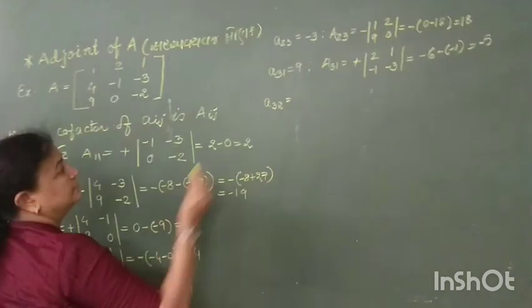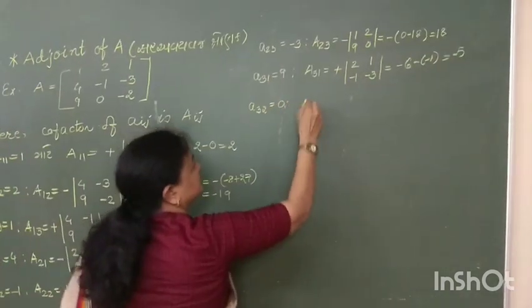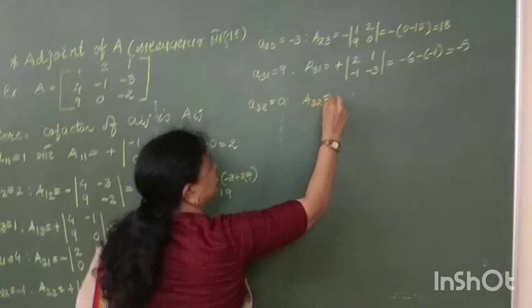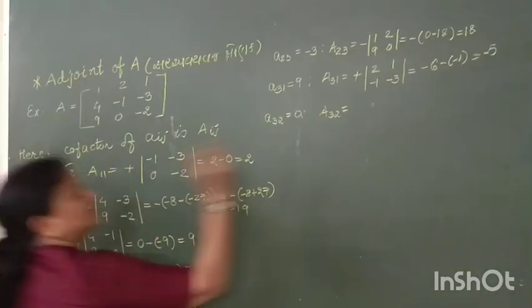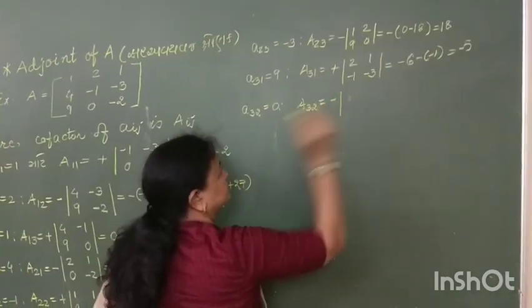A32, that is -2. A32, the sign is negative.